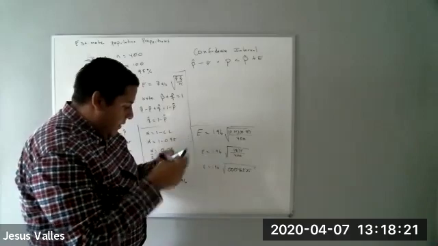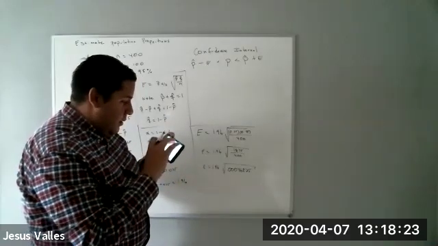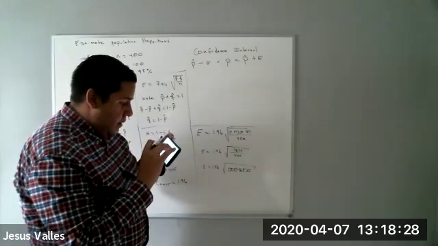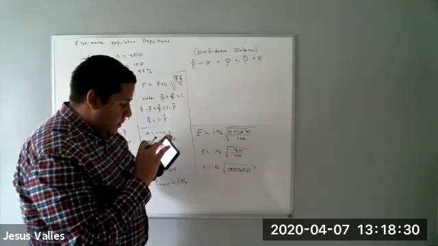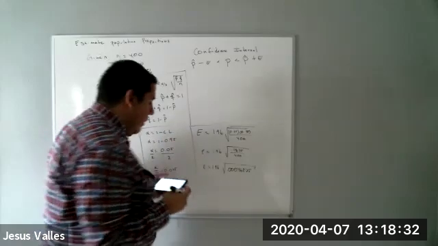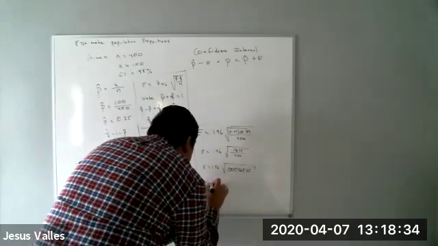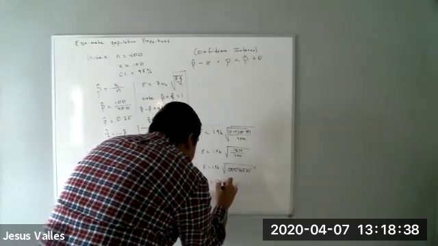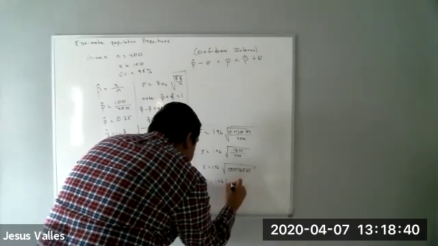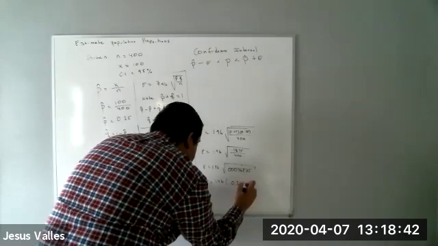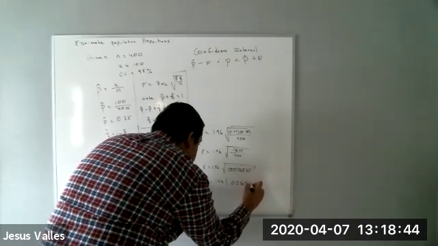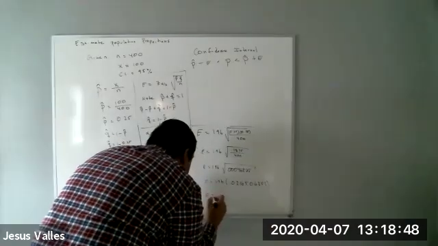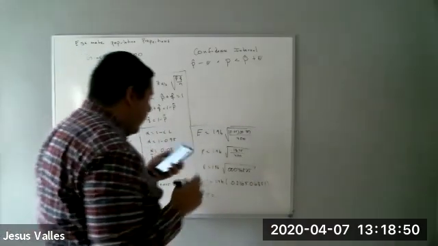So take the square root of this, which is 0.02165063351.